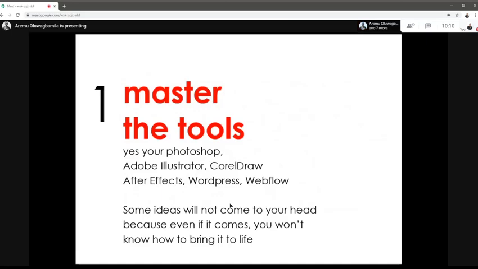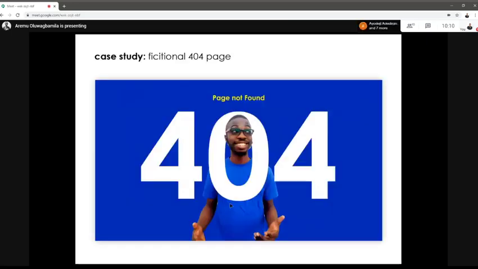And I will show you something now. I worked on this while preparing this slide. Like I said, I woke up around 2 a.m. and started working on this slide around 4 or 5 a.m. or thereabouts. I tried to work on this fictional 404 page.